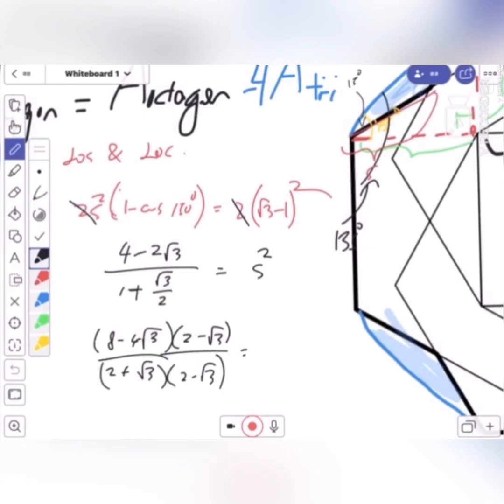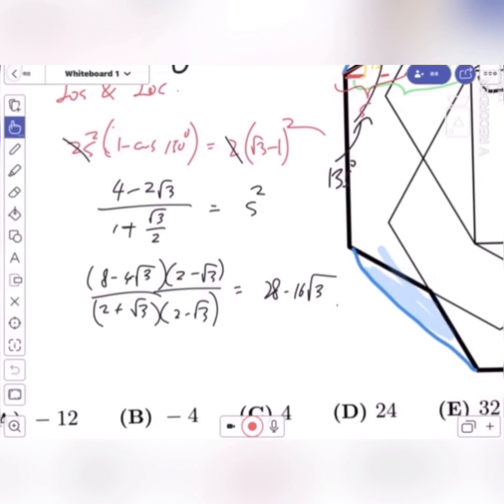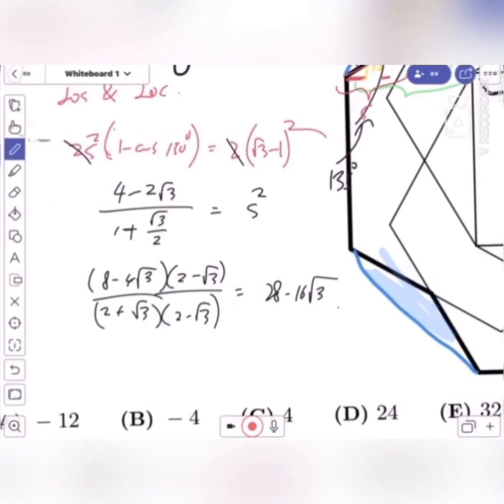This gives 28 minus 16 root 3 over 1, which is just 28 minus 16 root 3. So this is the answer that we have for the area of the square on the side.